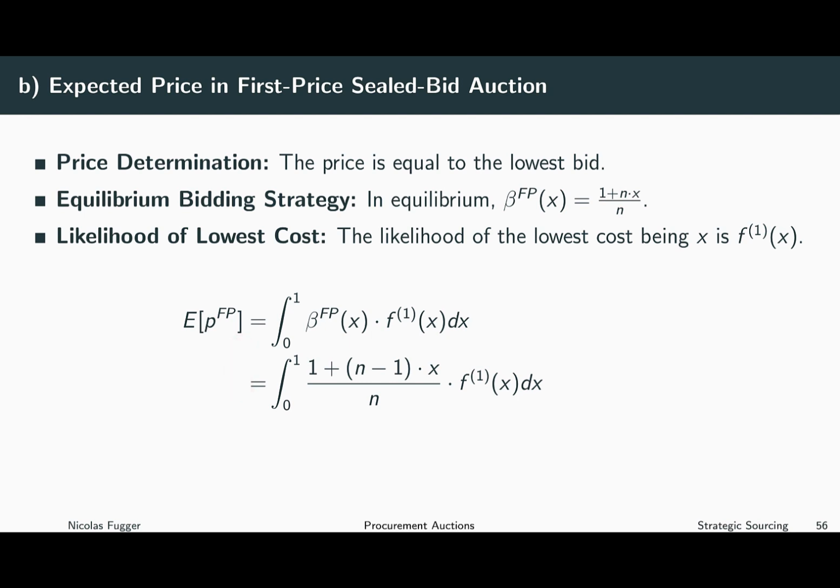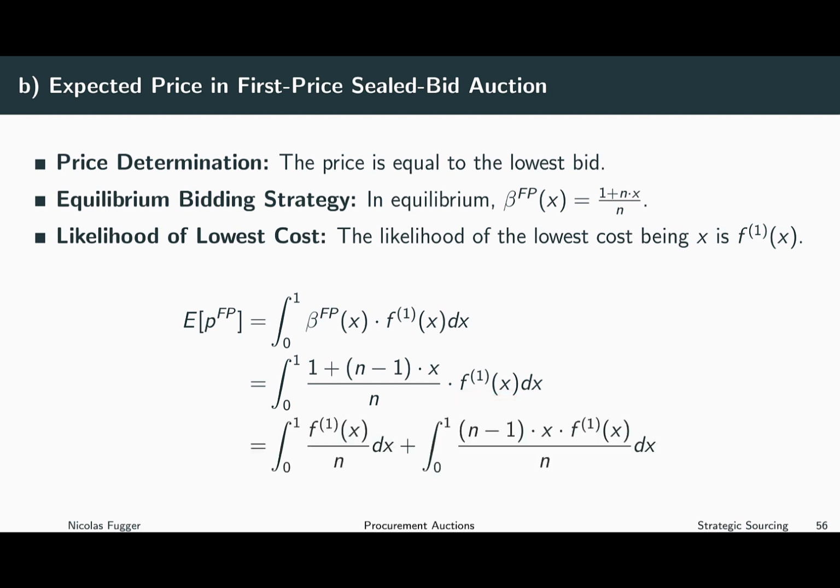From here to here, we use the identity that we already derived for the equilibrium bidding strategy in a first price auction and just plug in this expression for beta fp of x. As you can see, we don't change anything here.